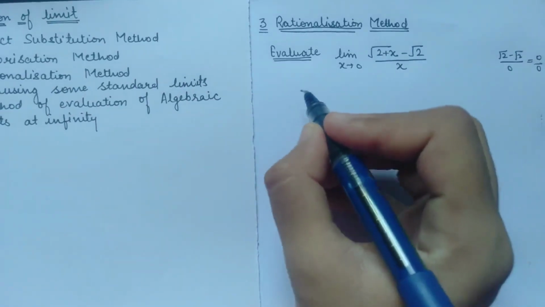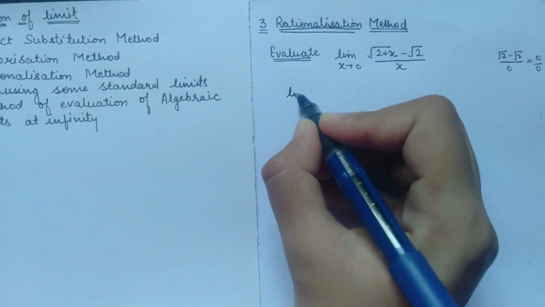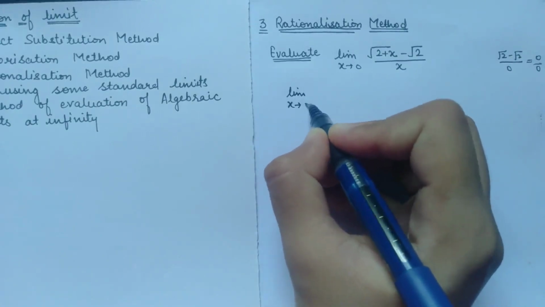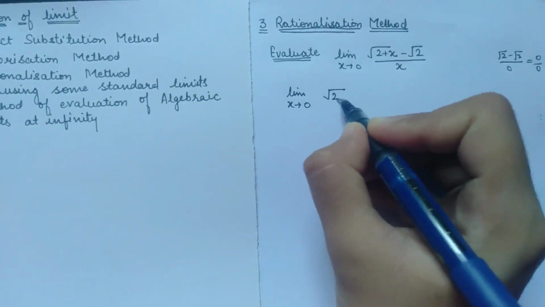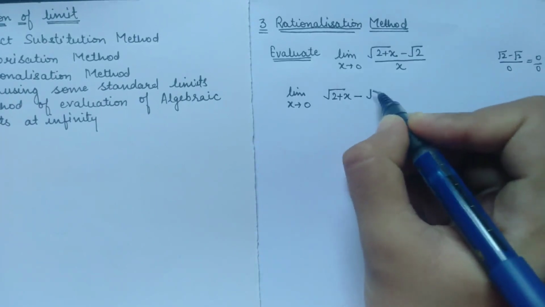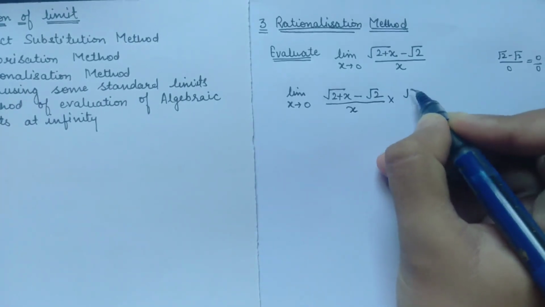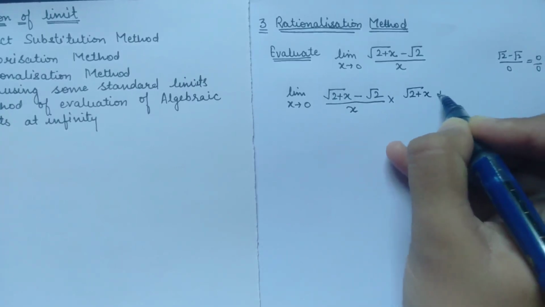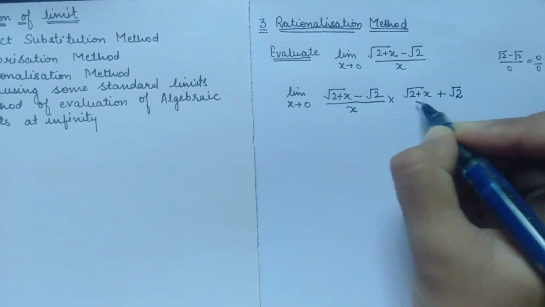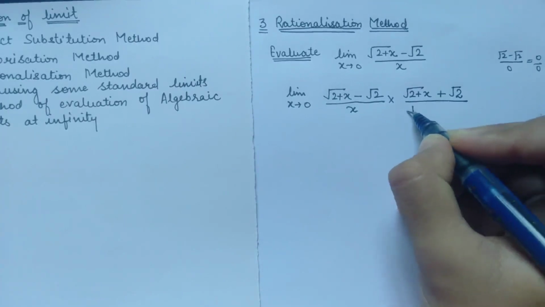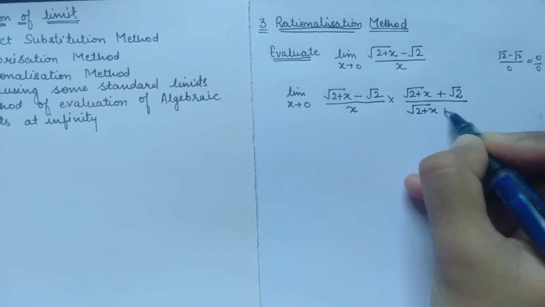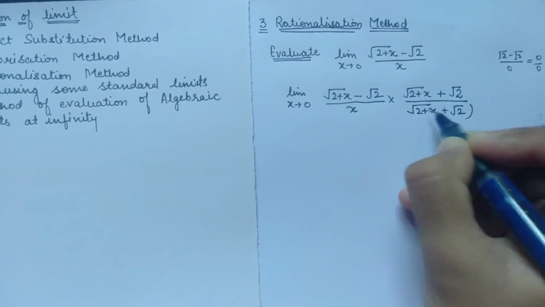Since the function includes square roots within itself, we will rationalize this function. Limit x tends to 0, (root of 2 plus x minus root 2) divided by x, into (root of 2 plus x plus root 2) divided by (root of 2 plus x plus root 2).